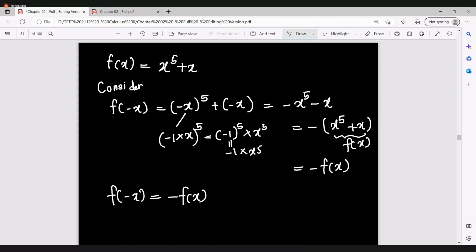Is the given function odd or even? The given function is an odd function, because starting from f of minus x we proved that it is equal to minus f of x. Therefore, this f of x is an odd function.